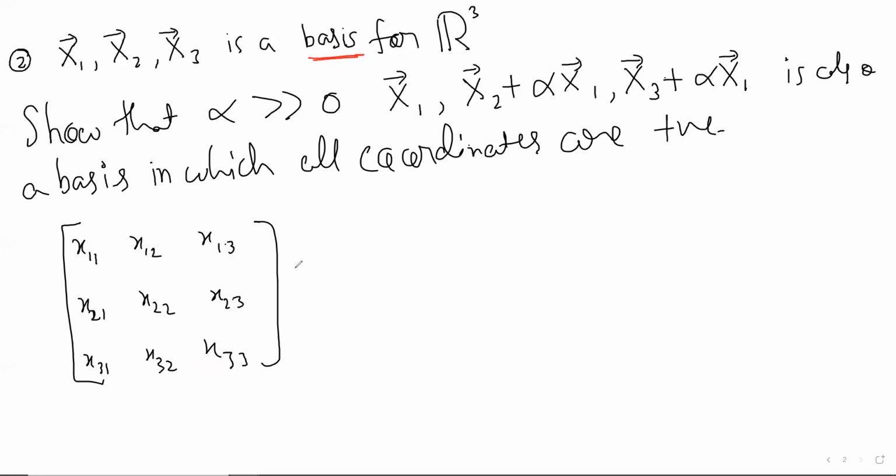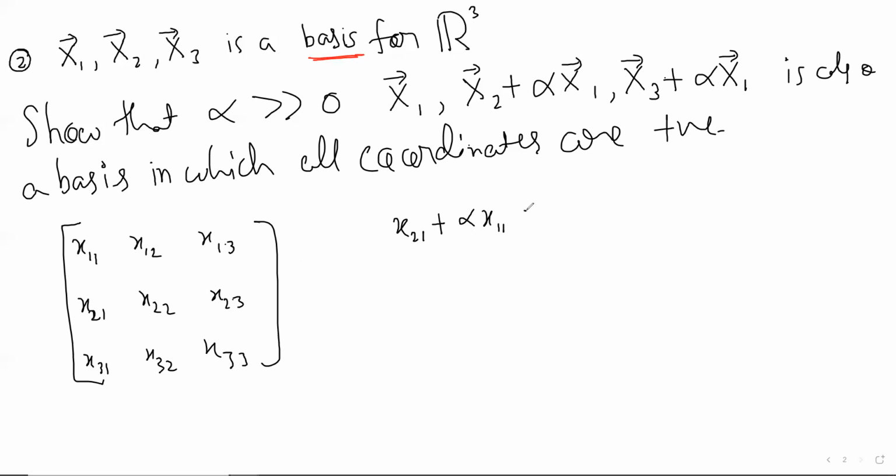So then, how do we do this? Yeah, so I did the argument like x21 plus alpha into x11 must be greater than 0.